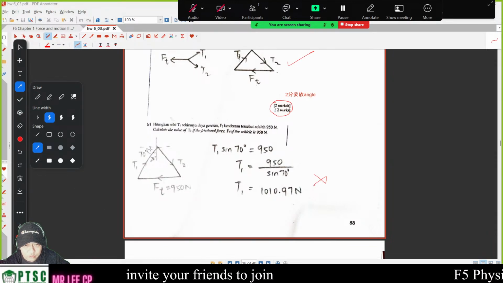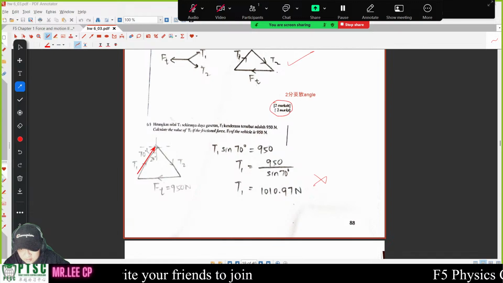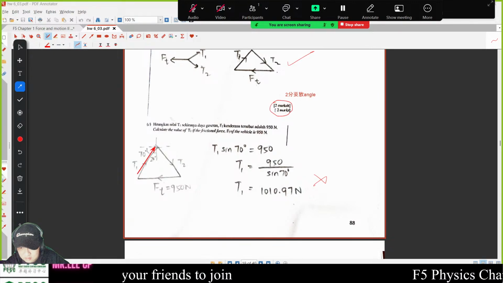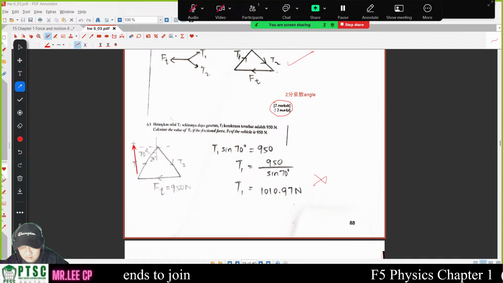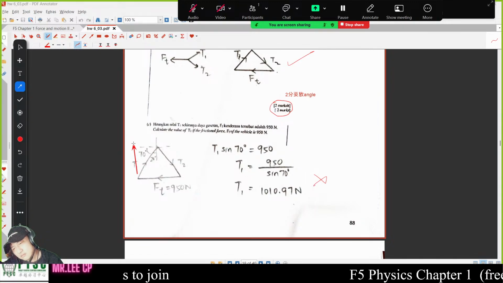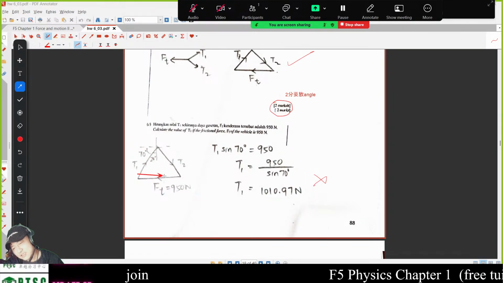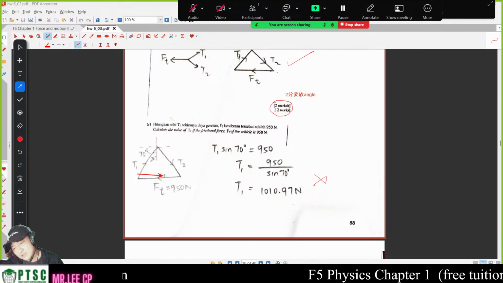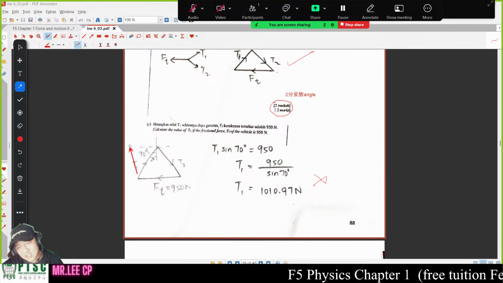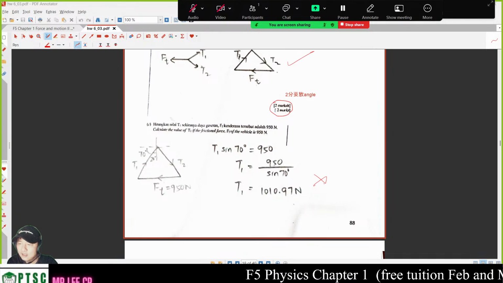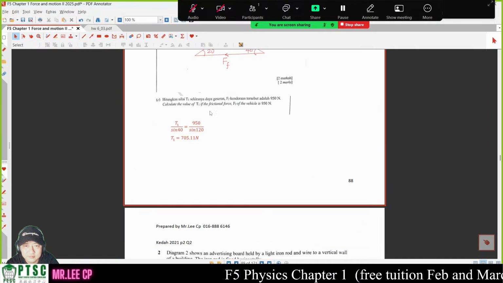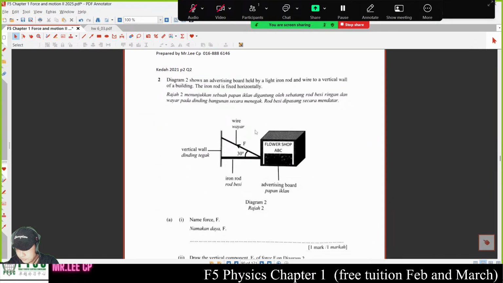You should be doing this. T1 sine 70 is wrong. This one is wrong. Okay, we continue from here.